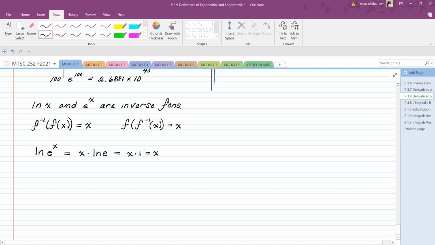So log of e to the x is just x. And the other property is if I take e to the natural log of x, that is also x. So these are inverse functions of each other.